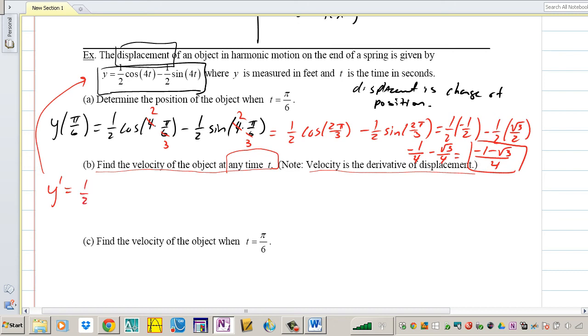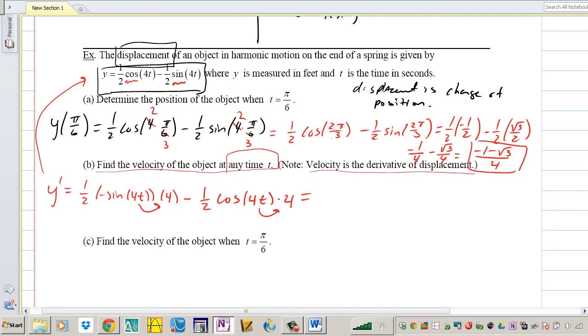So it's going to be 1/2, what's the derivative of cosine? Negative sine of 4t, chain rule, times 4, minus 1/2, and the derivative of sine is cosine 4t, and then chain rule, times 4.